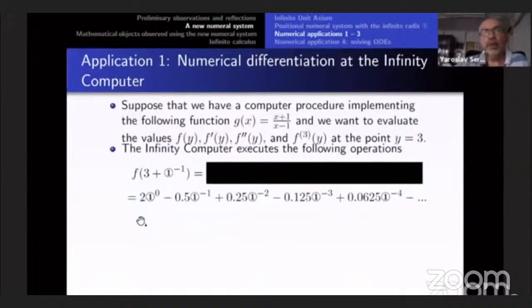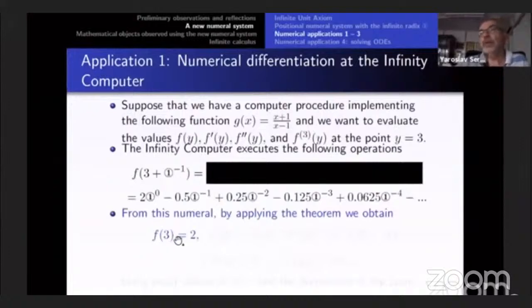Now, look what happens. It is possible to prove that if we take 2, then it will be the exact value of the function at point 3. If you take minus 0.5, it will be the exact value of the first derivative. If you take 0.25, multiplying it by 2, it will be the exact second derivative.